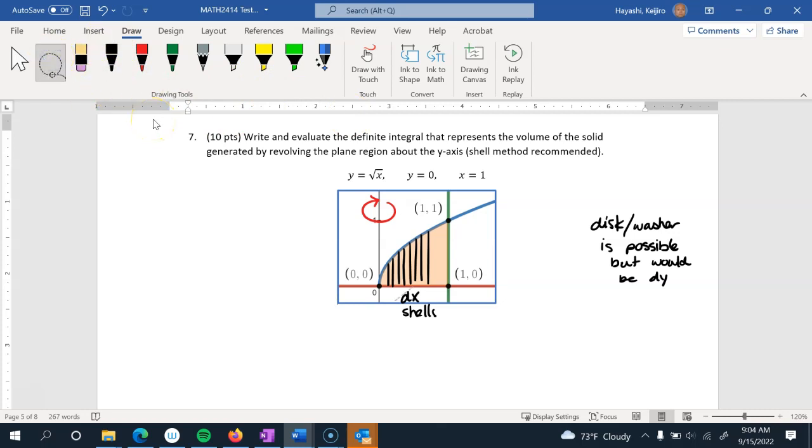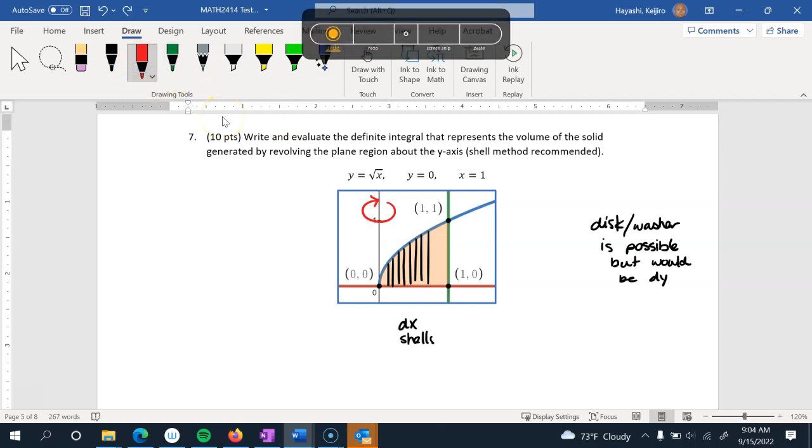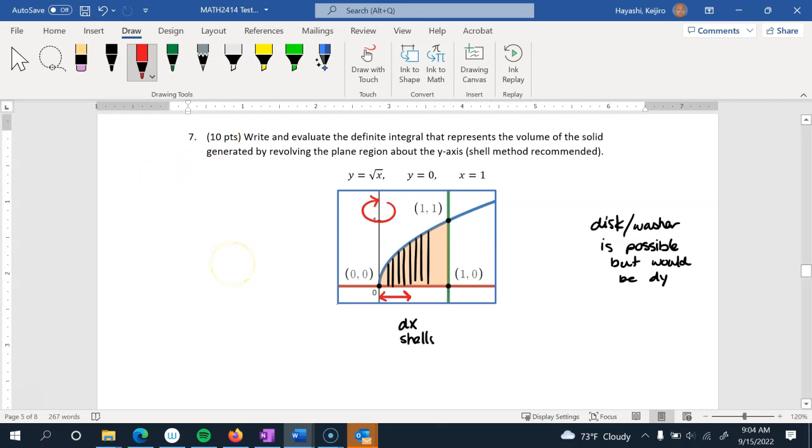So with the shell method, there are only 2 things you really have to think of. What is your radius function? And you'll notice that in all these, the axis of rotation is just the x-axis or the y-axis. There's not going to be any weird 3 minus x or x minus 3 on these.